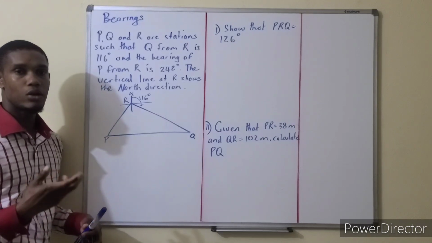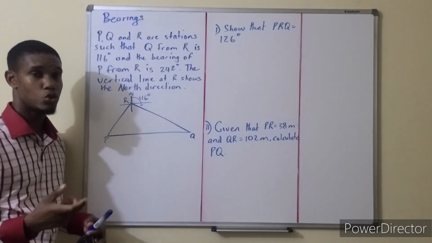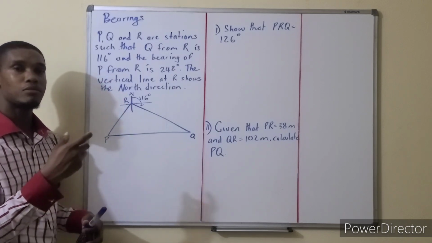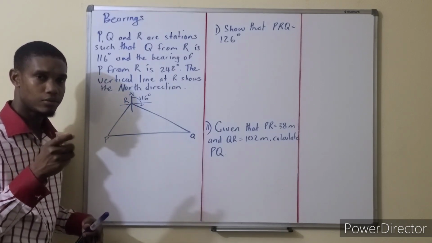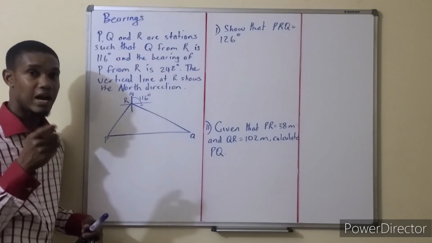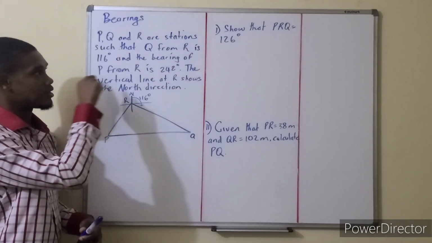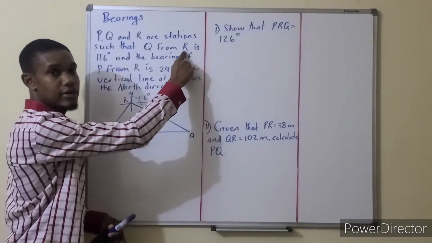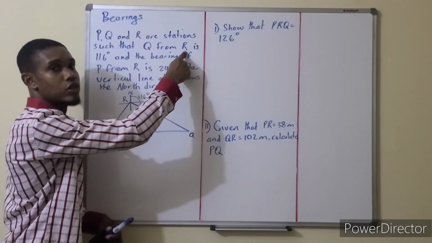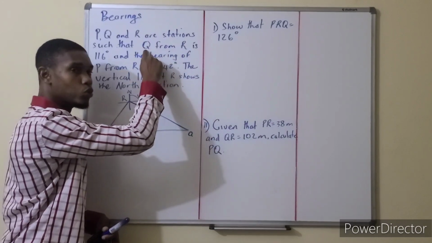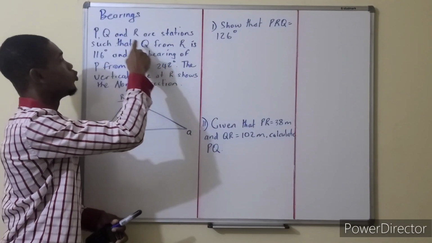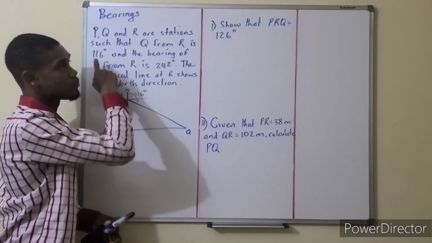So in order to understand bearings, you must know that the place or letter that comes after the word from is where you're starting. So in this case, it's saying that Q from R is 116. It means that you're starting at point R and you're moving to point Q, and the value for that angular turn or movement would be 116 degrees.